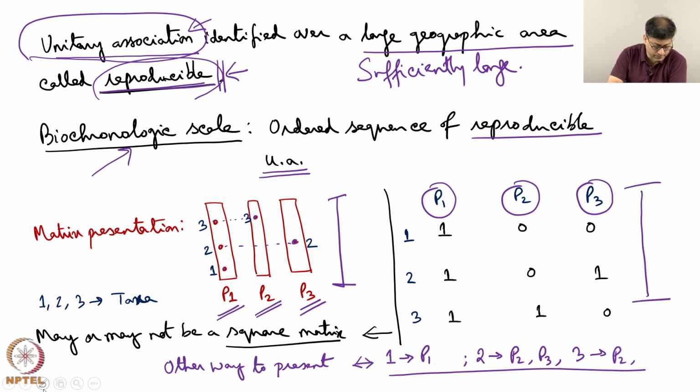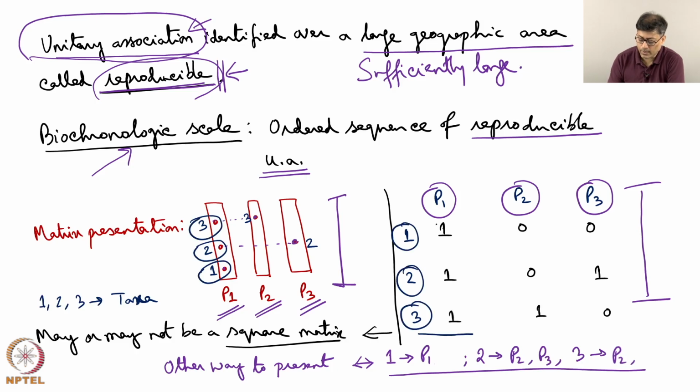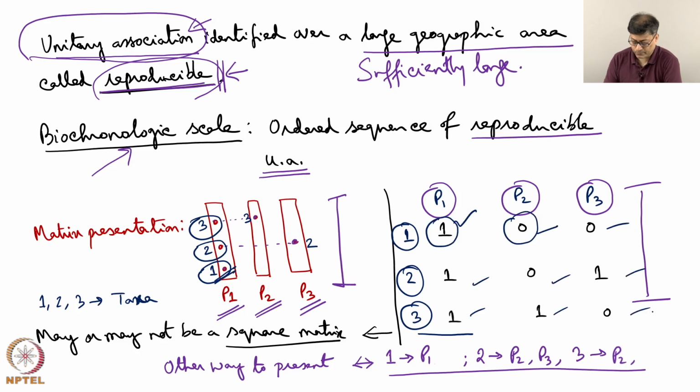Now, we take the taxa 1, 2 and 3 for different columns. 1 will mean it is present, 0 will mean it is absent. So, 1 is present in P1, so it is 1. Similarly, 0, 0, 1, 0, 1 and 1, 1, 0 are filled up. So, it may or may not be a square matrix.